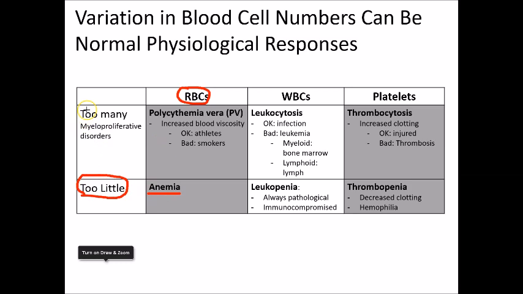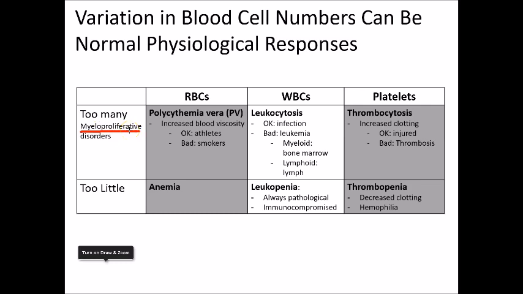If you have too many red cells, that's called a myeloproliferative disease. Myeloproliferative disease means we're making too many cells in the bone marrow. So myelo refers to bone marrow.